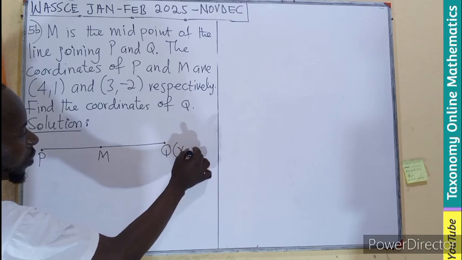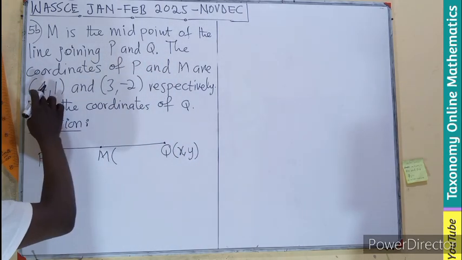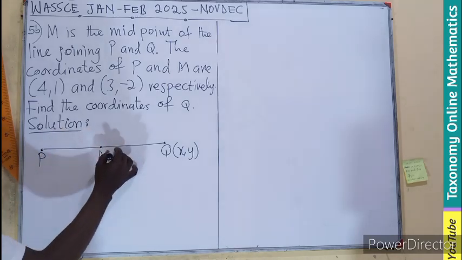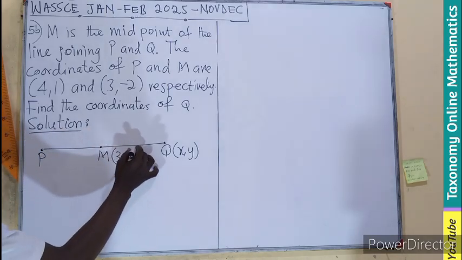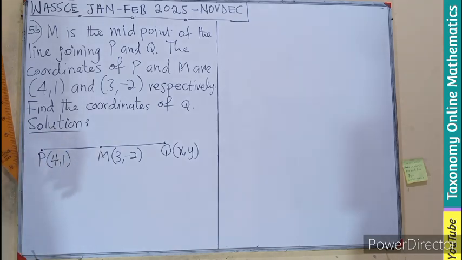So X, Y, we are having P, M. M is going to be (3, -2). P is going to be (4, 1).